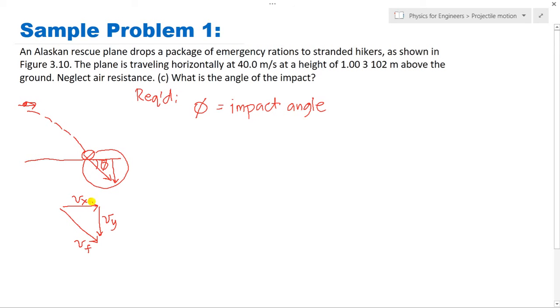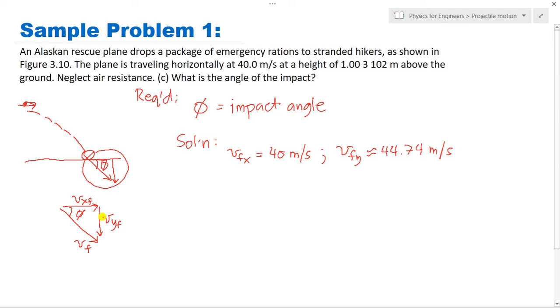Vx sa final. Vy sa final. Then this is our phi. So therefore, solution, we already know that our V final along x is equal to 40 meters per second, and our V final along y is approximately equal to 44.74 meters per second.